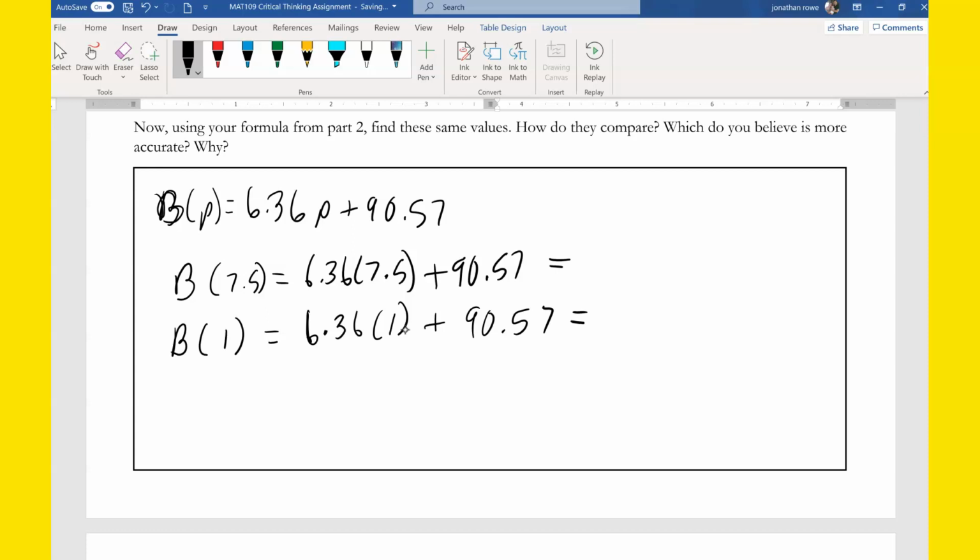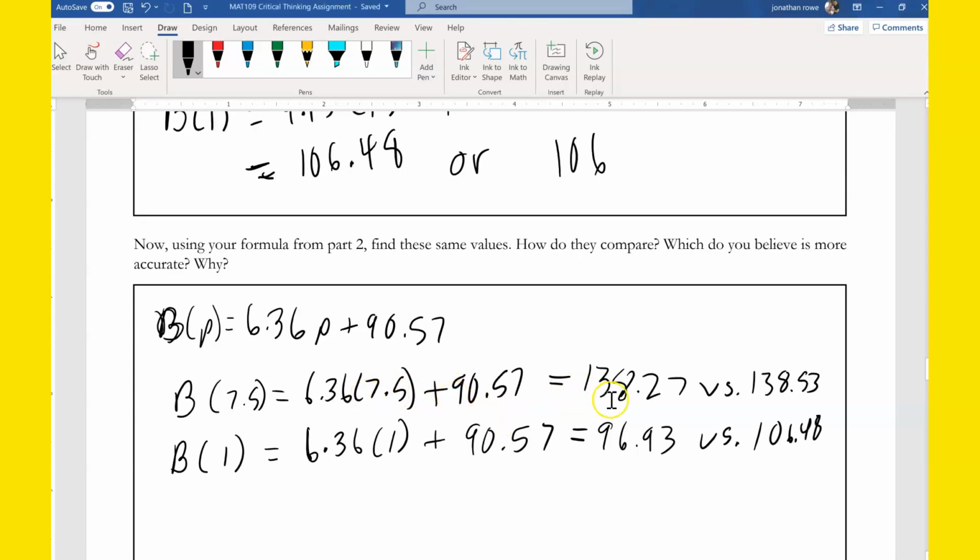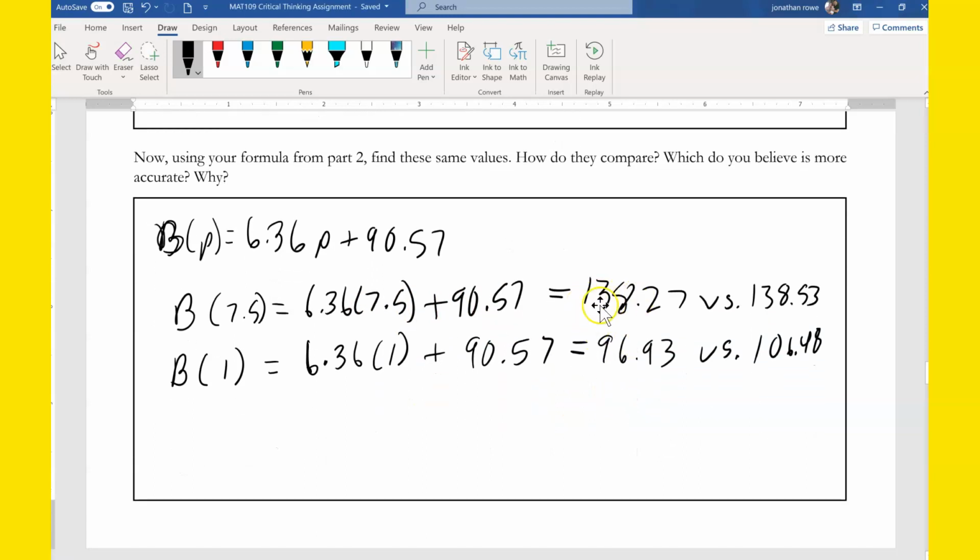And I'm going to calculate that in my calculator. Okay, I went ahead and calculated these. For the 7.5, I got 138.27. And that's almost right on the dot of what the other one got, 138.53. And for 1, I got 96.93, which is less than the 106.48 that I got with part 3.